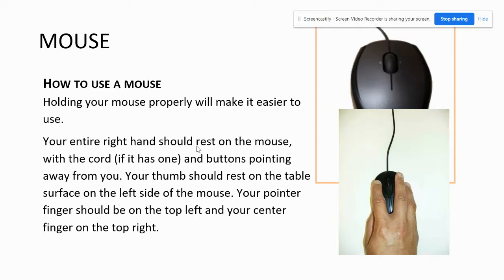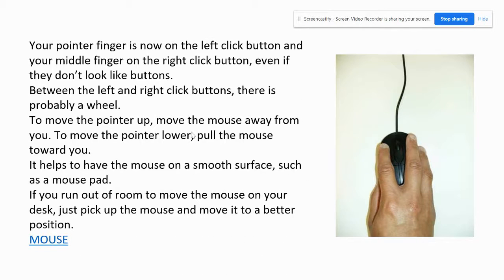So it talks about that your thumb should rest on the table or the surface, that your pointer finger should be on the top left and your center finger on the top right. Then we can use the scrolling with our pointer finger in between. So if you haven't, please put your hand on the mouse in the proper position.